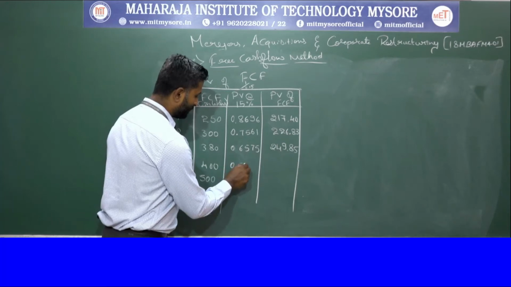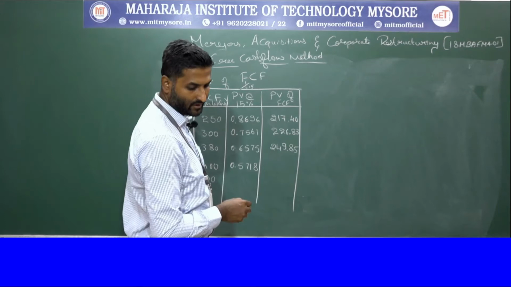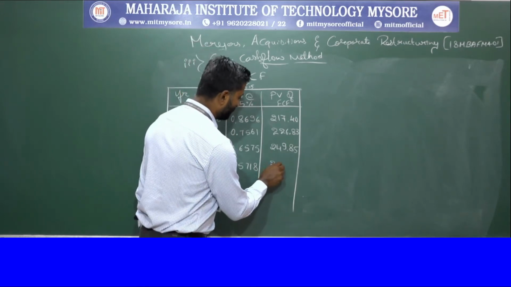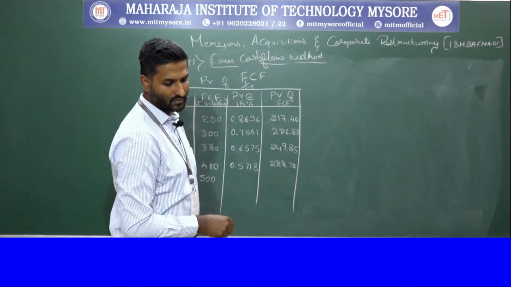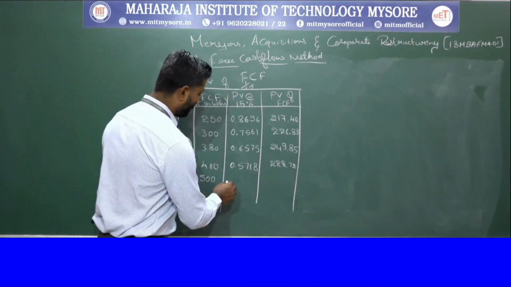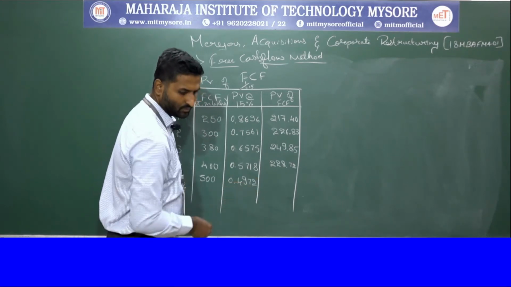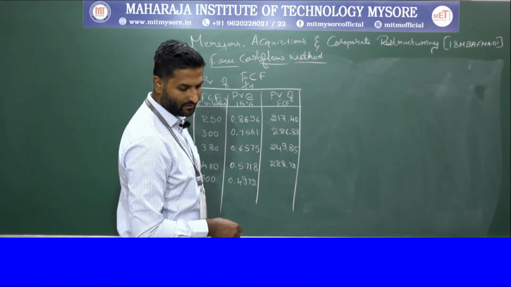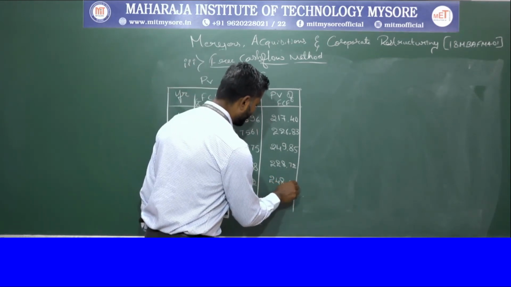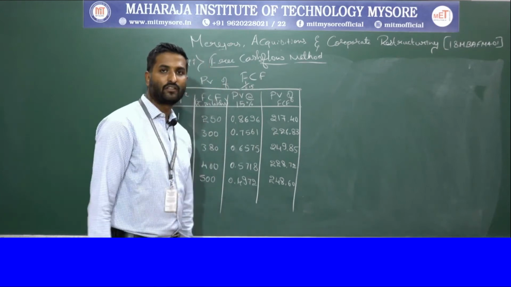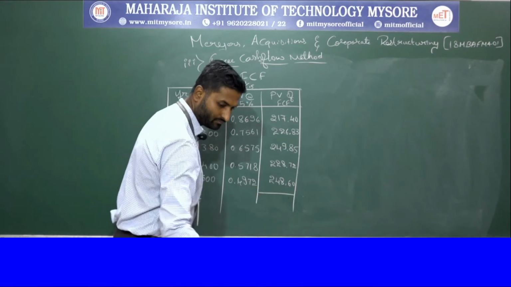The next year 0.5718, then into 400, 228.72. And the last one 0.4972. When you multiply with the 500, you will get 248.60. Then we need to take the total of this.